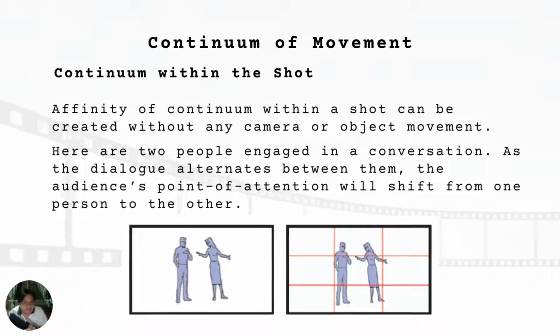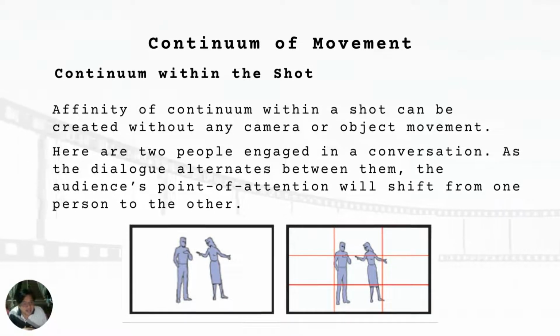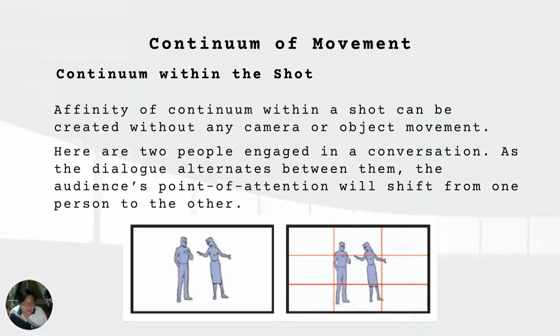Okay. Affinity of continuum within a shot can be created without any camera or object movement. Here, there are two people engaged in a conversation. Now, as the dialogue alternates between them, the audience's point of attention will shift from one person to another.